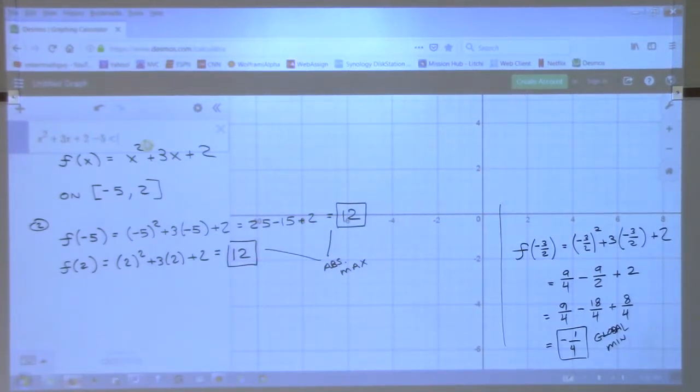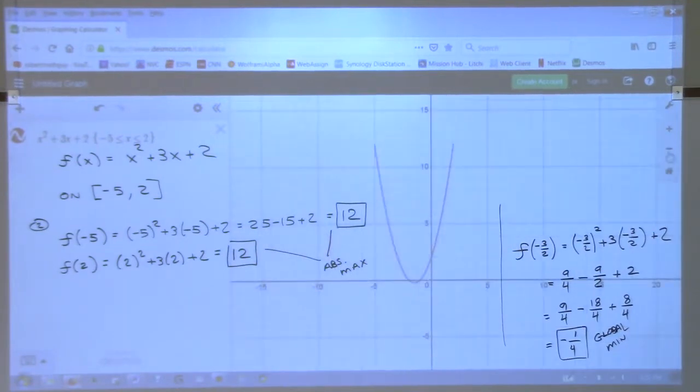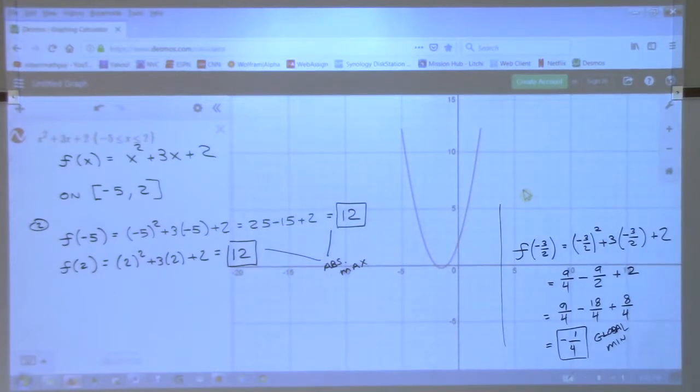Negative 5 less than or equal to x less than or equal to 2, right? Hold on. Who helped me do this last time? I think it was a brace. Yeah, we have to put it in braces. Got to zoom out a little bit. There we go. So it graphed it on that interval.